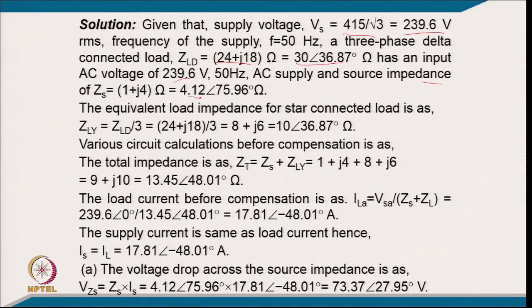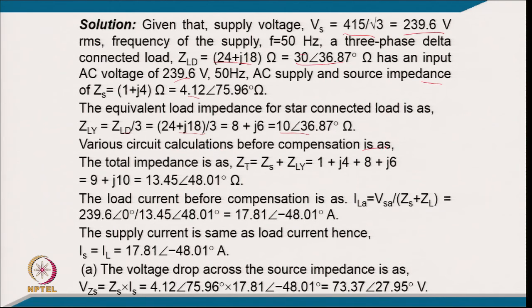It comes to 4.12 ohm at the angle of 75.96 degree. The equivalent star impedance is ZLY equal to ZLD by 3. So dividing by 3, it comes to 10 ohm at the angle of 36.87 degree.